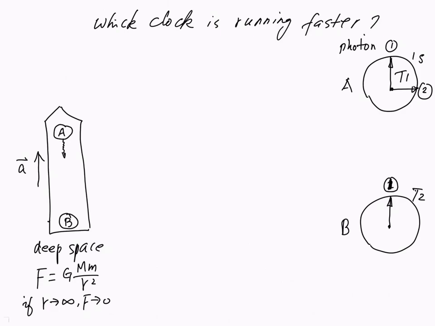If this rocket emits the first photon 1, at that time the rocket speed is v01. Then later on, the rocket is moving forward.